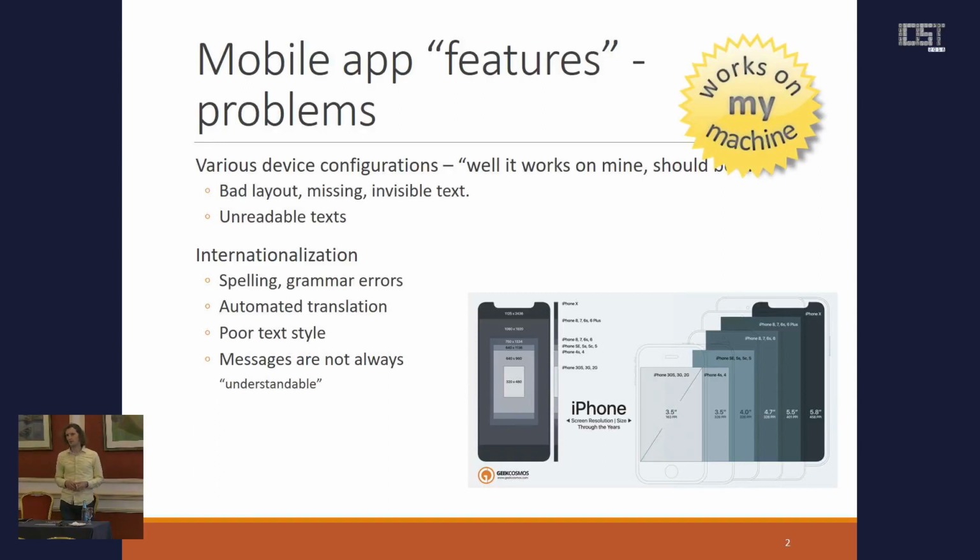So if a developer builds his application and it looks fine on his device, which is one of these, the tester tested on one other device, which is a little bigger. Maybe it looks fine on that device too, but they usually leave 5 devices untested.